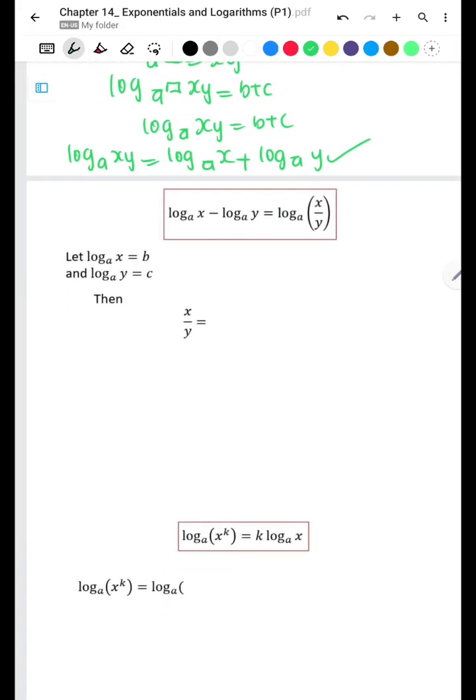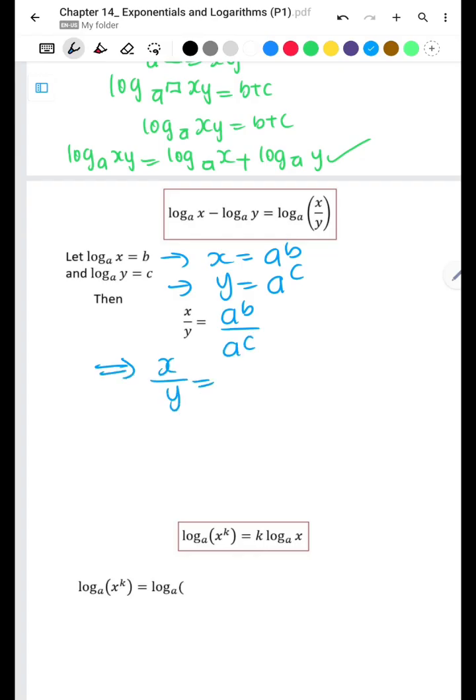Now, the next stage is very similar and done in the same way, so I'll just go through it quickly because I would like to go through some difficult logarithm and exponential questions at the end of the lesson. So this implies that x is equal to a to the power of b, y is equal to a to the power of c. x divided by y is saying a to the power of b over a to the power of c. That implies that x over y is equal to, using the law of indices, a to the power of b take away c.